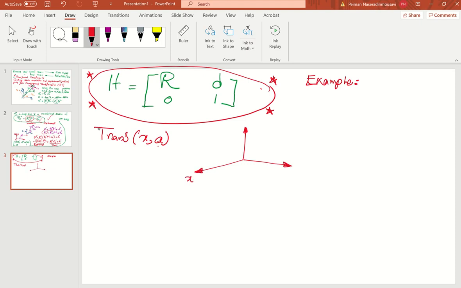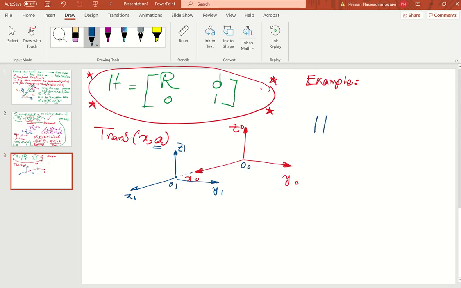So here is x, y, and z. This is x naught, y naught, z naught. I'm saying move everything for the distance a along the x-axis. So you're going to have, for example, x1, y1, and z1, and this is o1, this is o0.